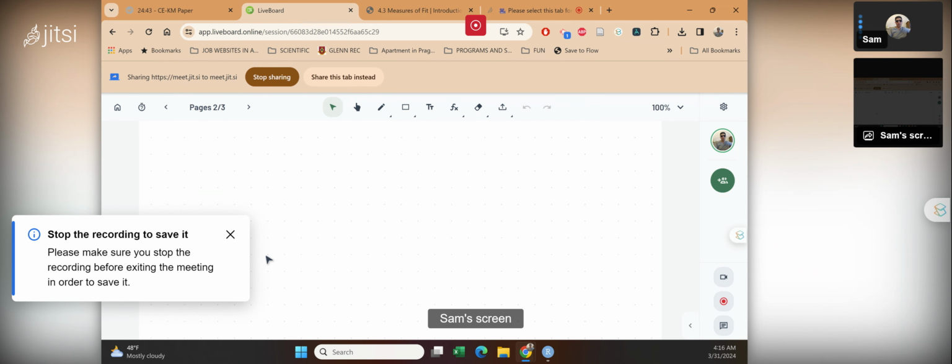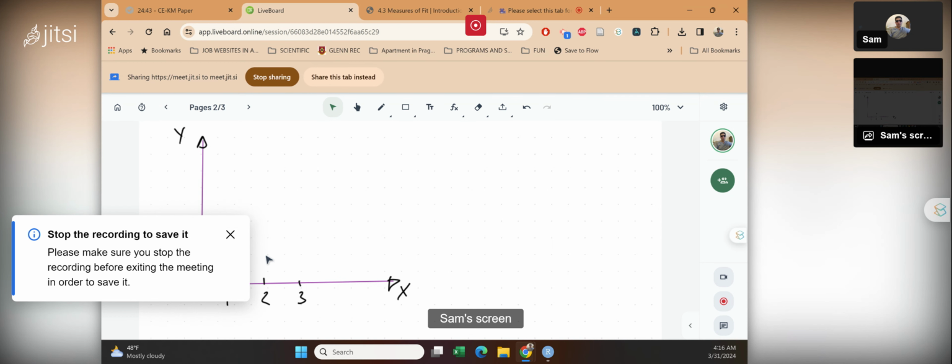So here you have a plane, right? Here you have y values, here you have x values. The first is 1, the second is 2, and the third one is 3 for x.